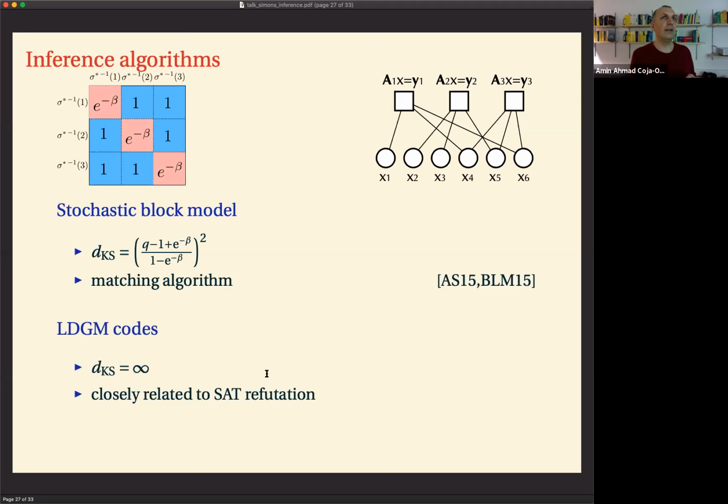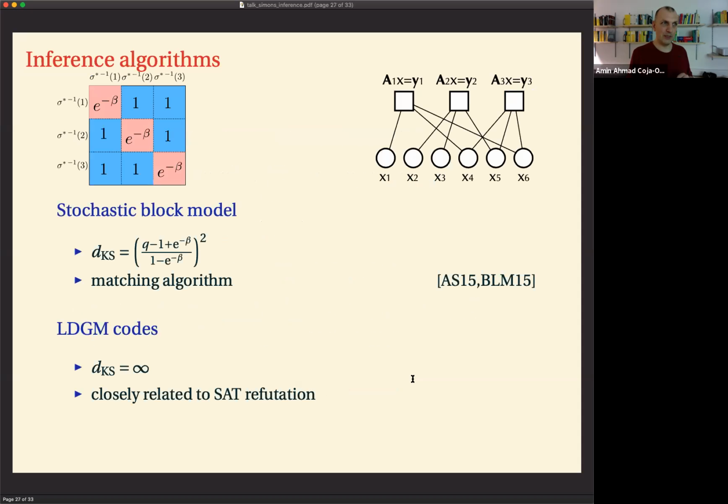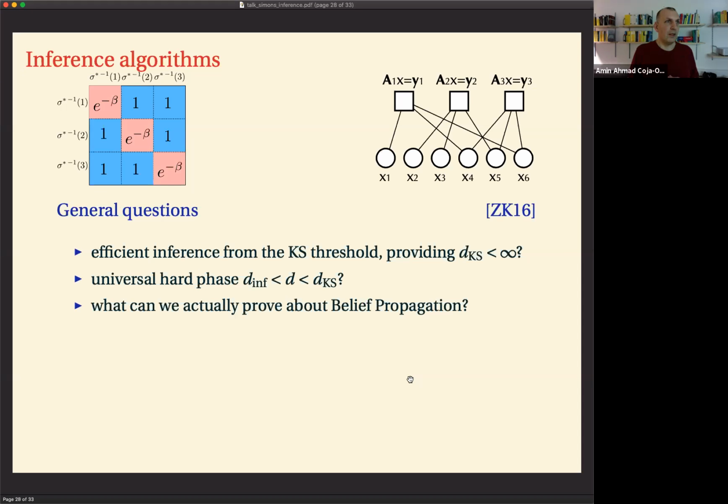So an open problem, I suppose, is whether generally we can algorithmically achieve this Kesten-Stigum bound. Maybe there's some conceptual reason why that should always be possible. I think it would be very interesting to see that. And conversely, it would be interesting to see negative results for specific types of algorithms failing below or up to this Kesten-Stigum bound.